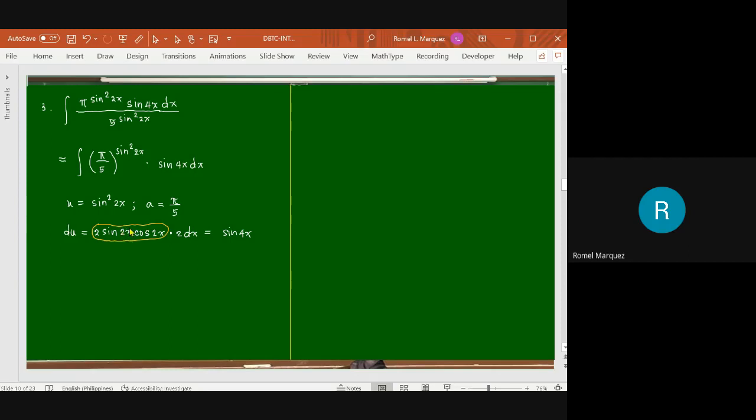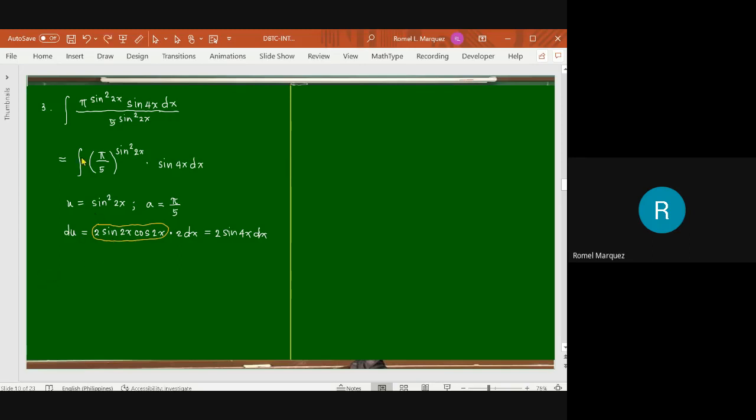Remember, my angle theta here is 2x. 2 sine theta cosine theta is sine 2 theta. But what is my theta? 2x. But there is still a 2, so 2 times sine 4x, then dx. So this is almost the differential. The integrand together with the dx is almost this du, no?